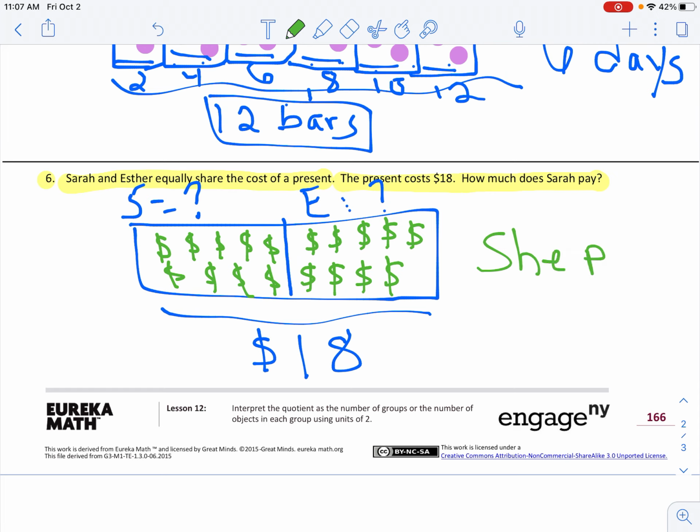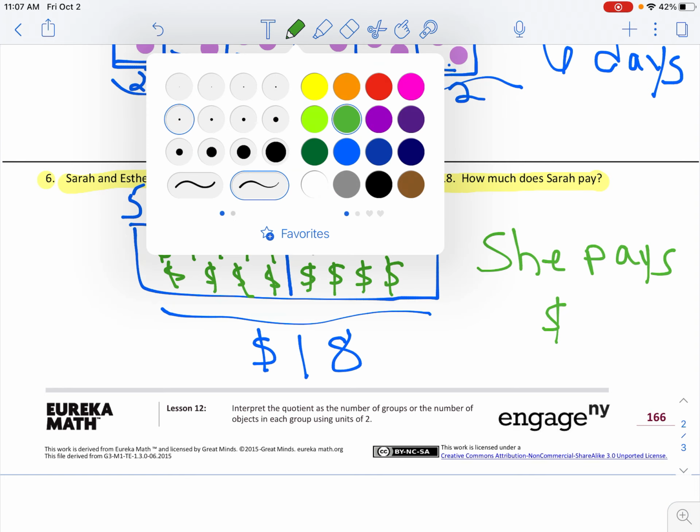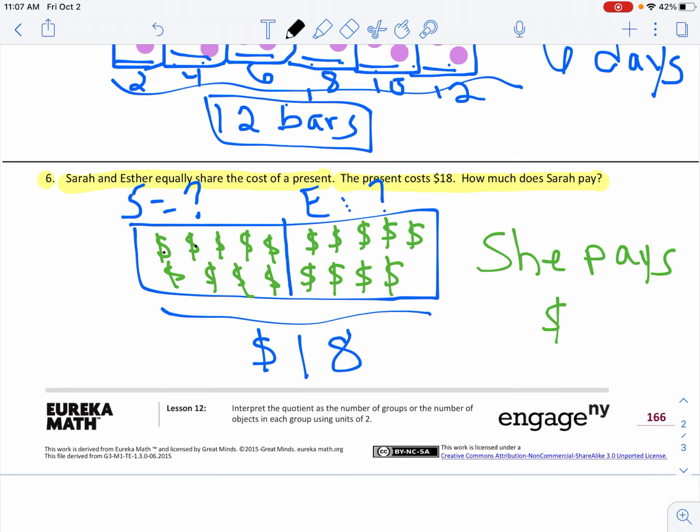How much does Sarah pay? They both pay the same. How much money is it? Let's check. 1, 2, 3, 4, 5, 6, 7, 8, 9. Sarah pays $9. Does Esther pay the same, or is it unfair? 1, 2, 3, 4, 5, 6, 7, 8, 9.